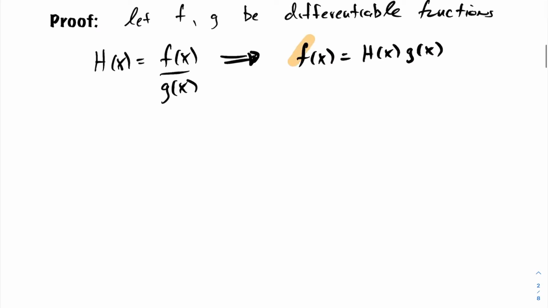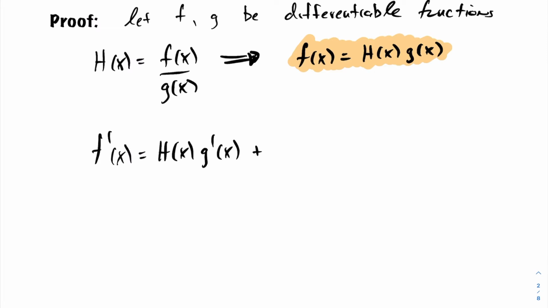I'm going to go ahead and apply the product rule to this expression, taking the derivative of f at x. When I do that, you've got your first times derivative of your second plus your second times the derivative of the first. Now I'm going to try to isolate for h prime at x.